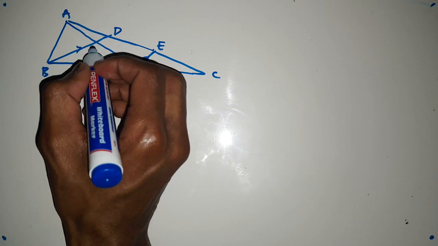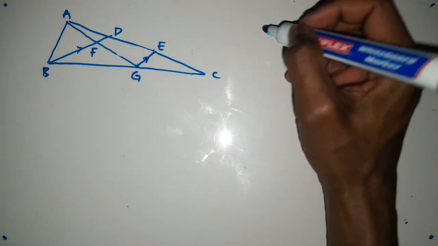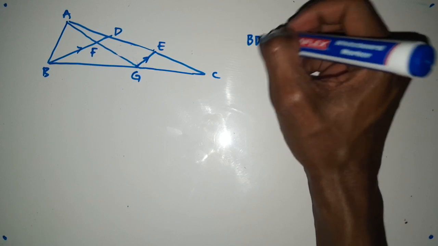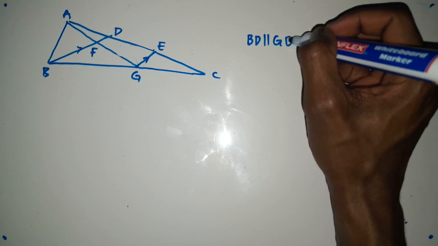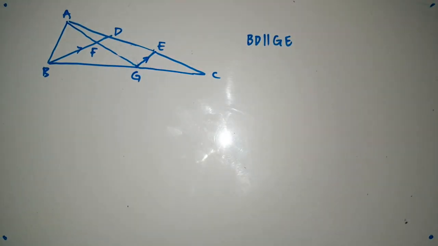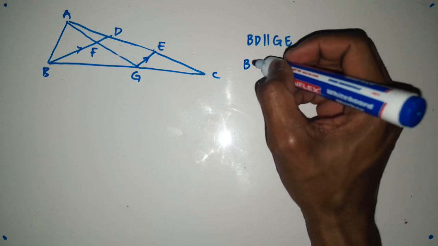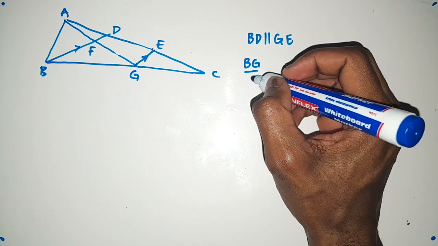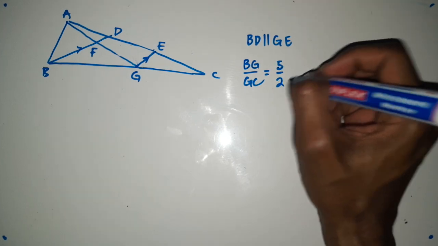Let's call this one F. Then somehow they say to us BD is parallel to GE. Yes, it is given. Then let's say they gave us this ratio BG divided by GC, which is equal to 5 over 2.